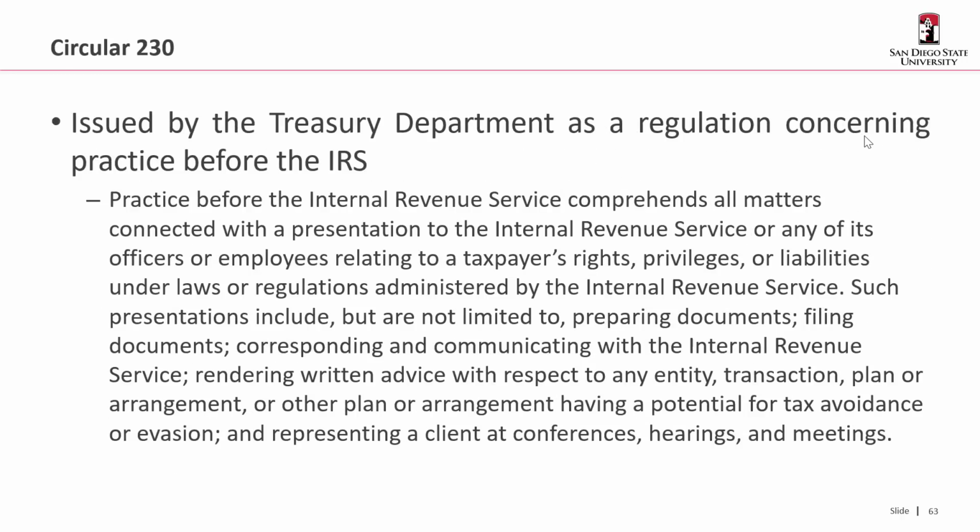So what is the taxing authority standard? Well, you'd argue that's issued in Circular 230. So the Treasury Department has issued 230 as a regulation concerning practice before the IRS. So why don't you take a moment and read what practice before the IRS means.